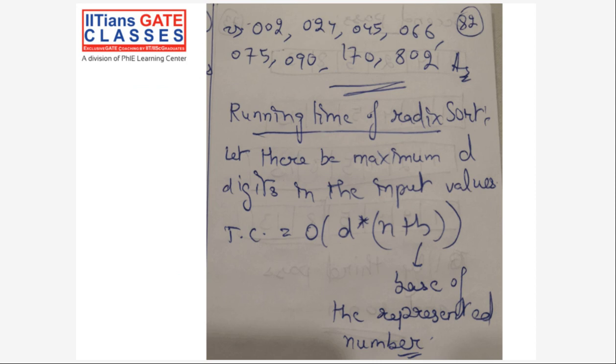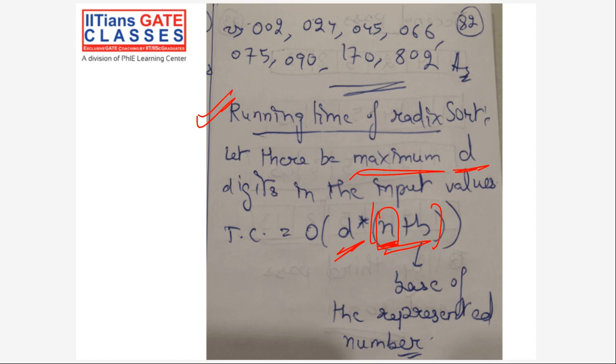Okay. So next thing is, let's try and see the running time of radix sort. Here I am assuming that there are d digits in my input value at max. That means the maximum element in my array has d digits. Then the time complexity is d into n. This complexity, n plus b, came from counting sort.